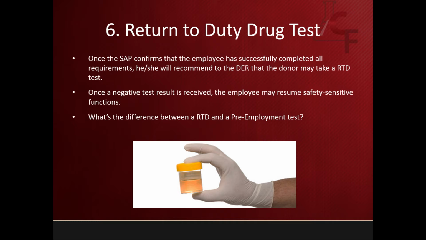Also, unlike a pre-employment test, the return to duty test must be directly observed, like the follow-ups. So this means that an individual of the same sex has to accompany the employee during the entire process to ensure the integrity of the test.